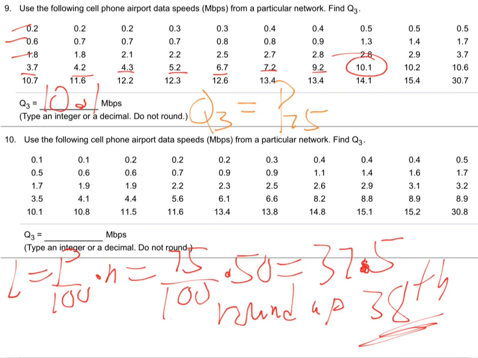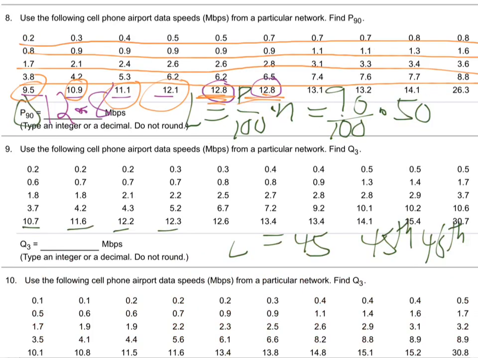Just remember, if it's a decimal, round it up, grab that. But if it's a whole number, you got to take two numbers and average them. Do you understand that other part, like we did a minute ago? Look back at number 8, when we did the 90th percentile. The n might not always be 50.